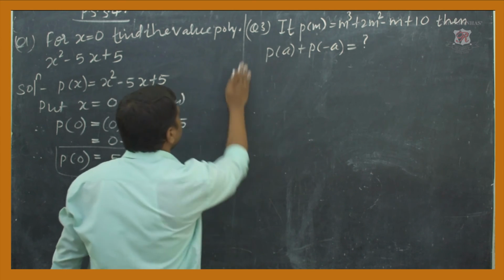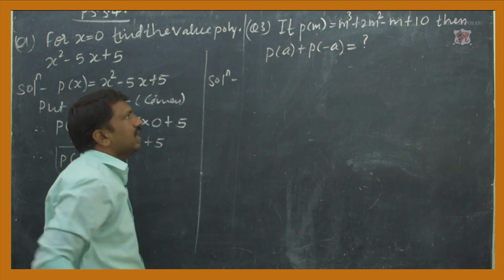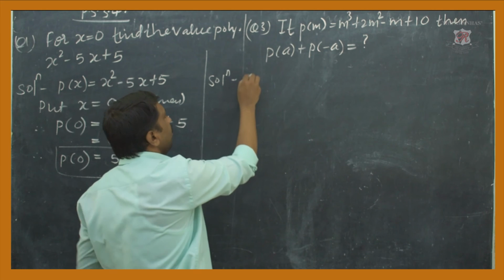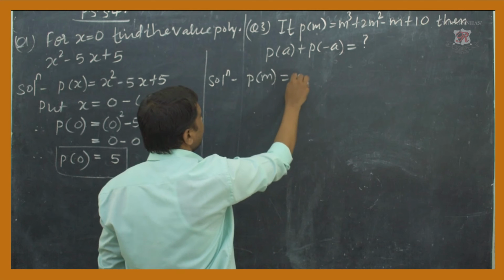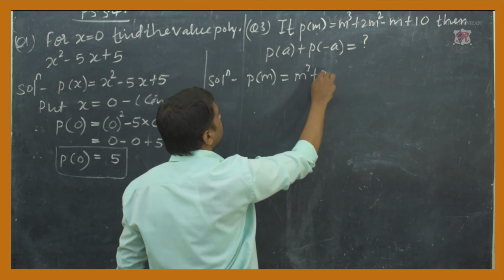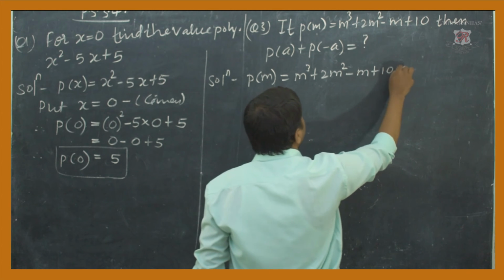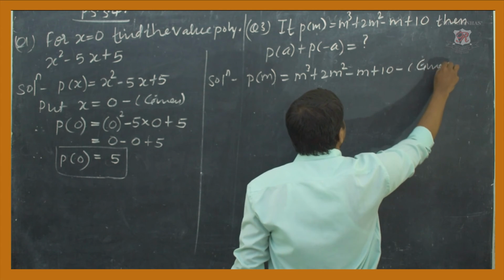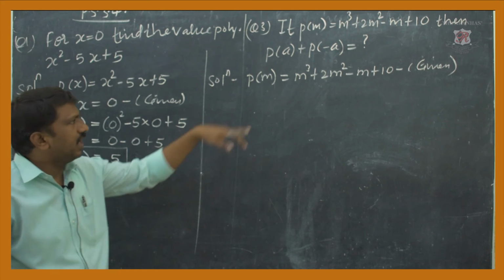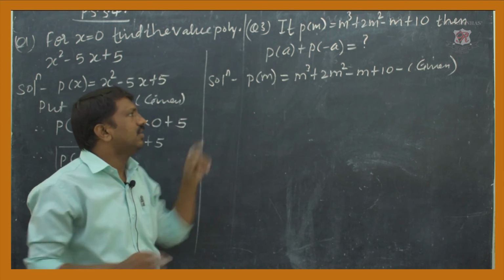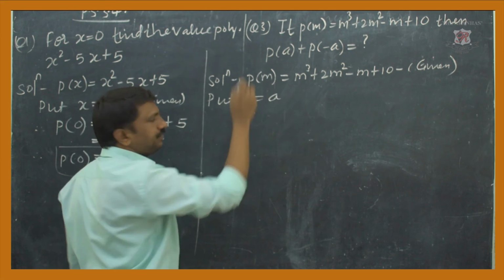See the solution, we can start from here only. So I will write solution. First we will write the polynomial, so this is the given polynomial P(m) is equal to m cube plus 2m square minus m plus 10. In the given polynomial we have to substitute m's value as a, so we write: put m is equal to a.